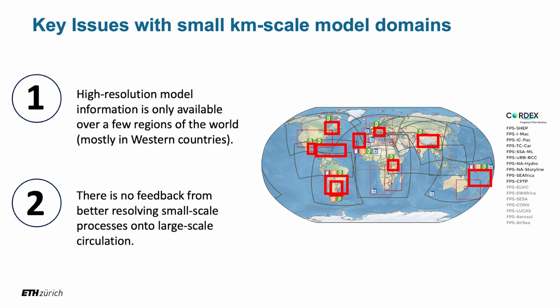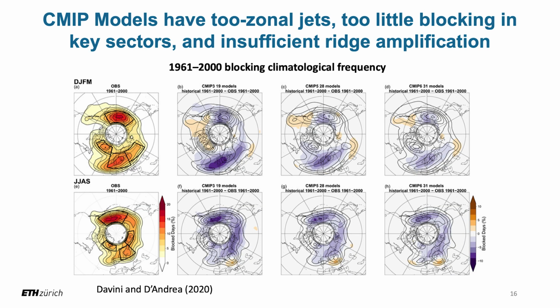And you also depend on the quality of your lateral boundary conditions. So anything that you use to drive the regional models, you really have to believe that these models give you the right lateral boundaries. And often they don't. This is a nice study that shows systematic biases in our global climate models, specifically for blocking.